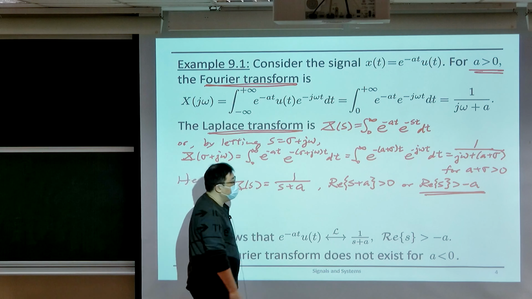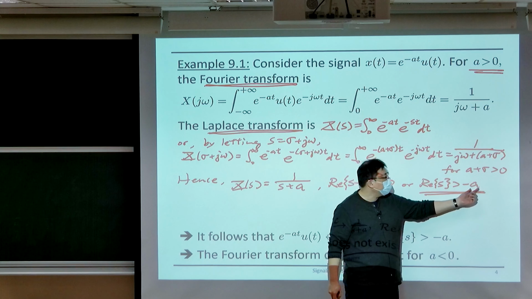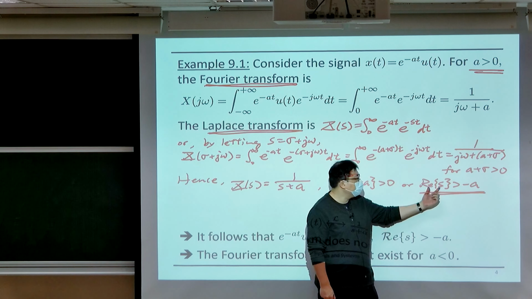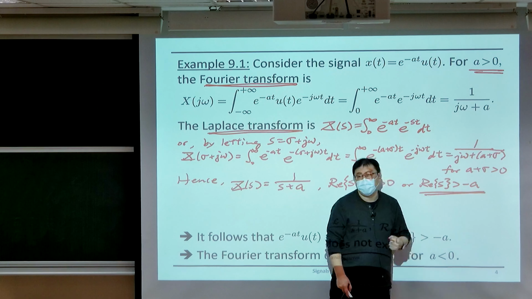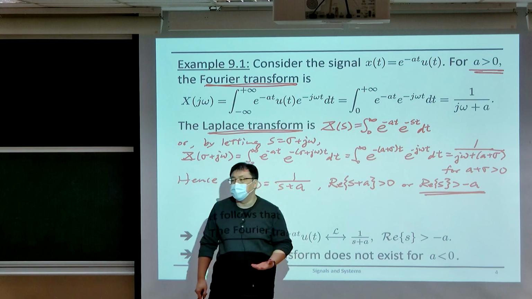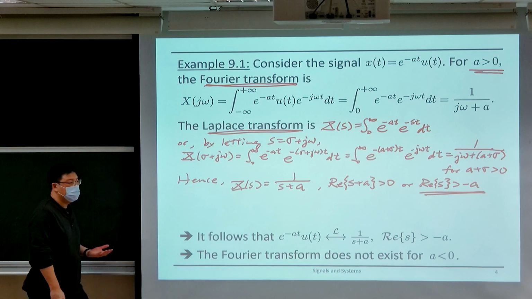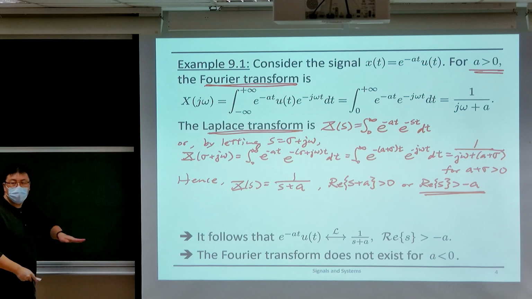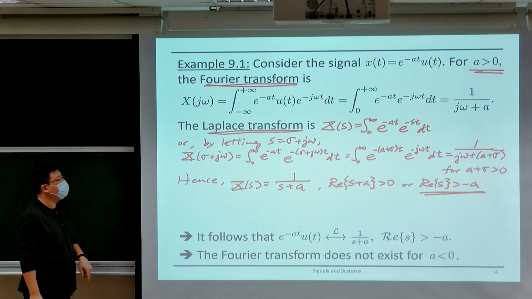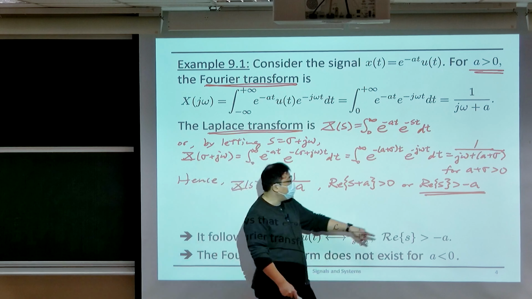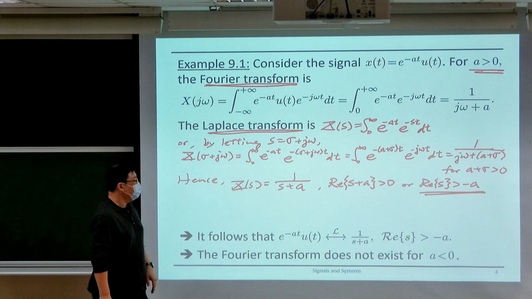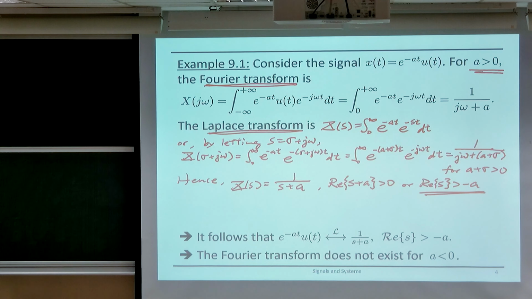If a is some negative number, then minus a is positive, and I simply need to choose an s with a real part greater than minus a, and I still can find the Laplace transform. So even if this signal is increasing exponentially, I can still find a large enough s that suppresses it on the right-hand side to give me the Laplace transform.